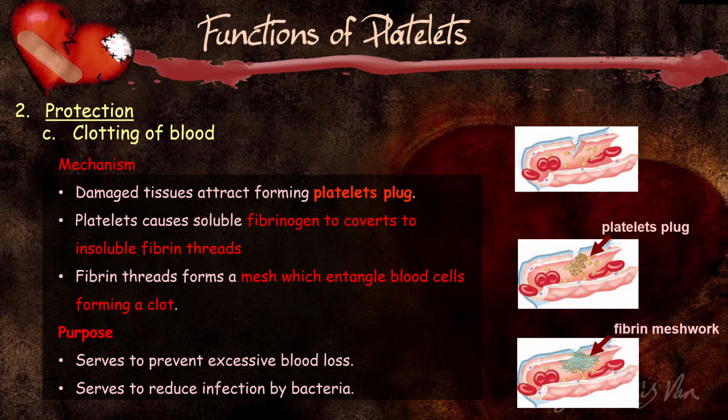Our white blood cell, which defends our body by producing antibody as well as ingestion of foreign particle in phagocytosis. And lastly, we have our platelets, which play the critical role of clotting our blood to prevent excessive blood loss as well as reduce the chance of infection.